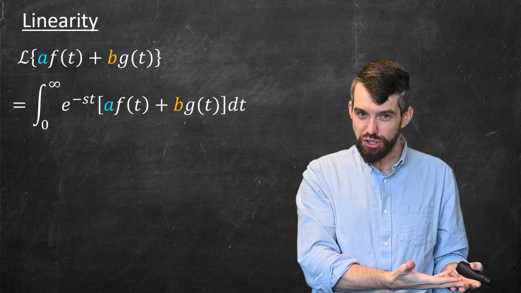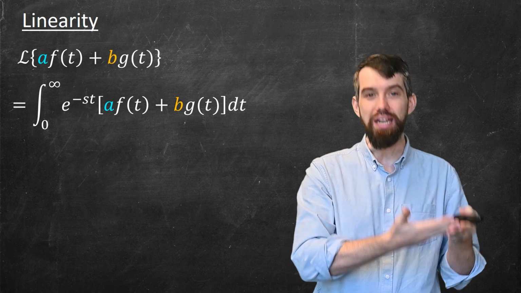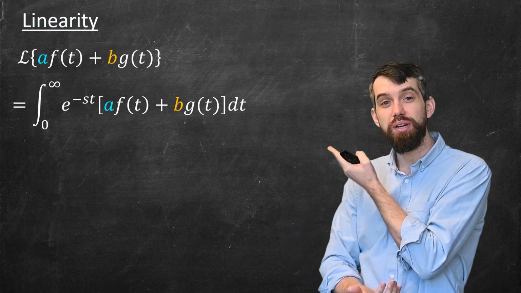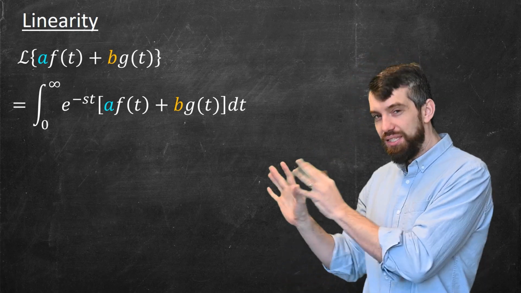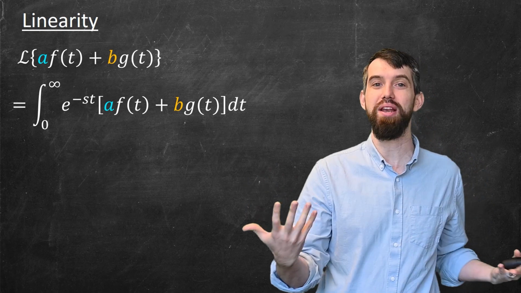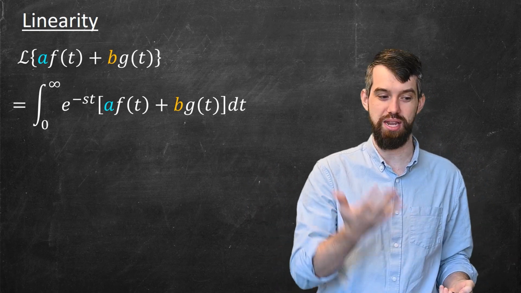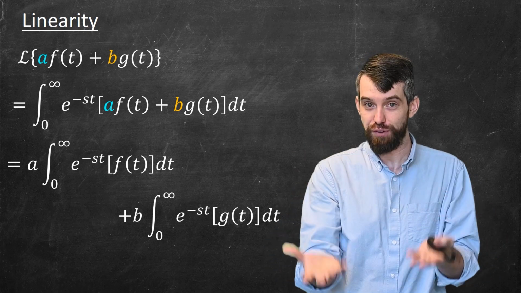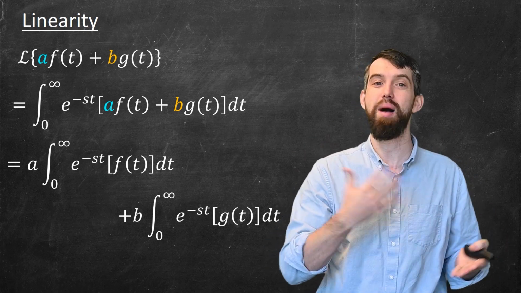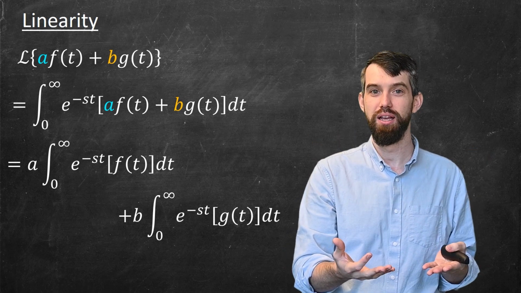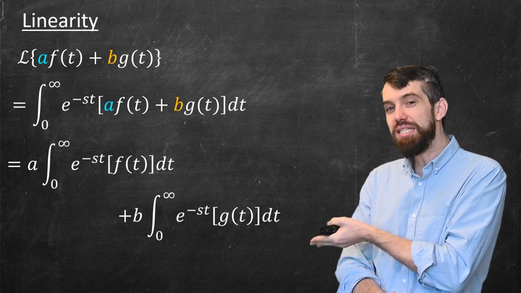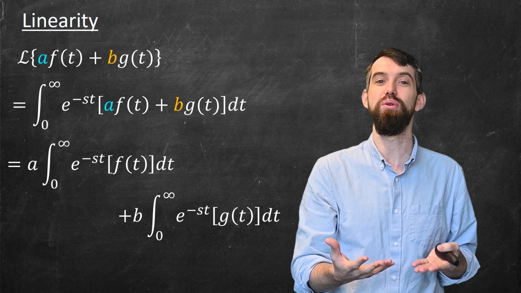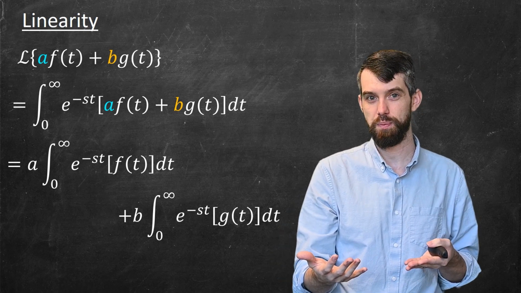Back in first year calculus, we proved linearity of improper integrals like this. Because it's an improper integral, I can do a similar linearity computation and rewrite this as the coefficient a out the front times the first integral, the integral of e to the minus st times f of t, plus the coefficient b out the front of a second integral, the integral that now relates to g of t.